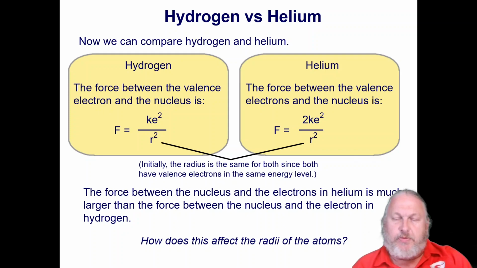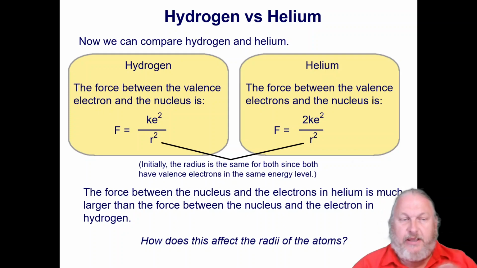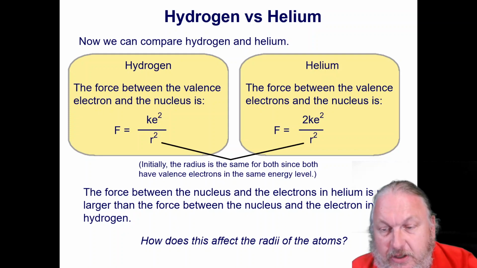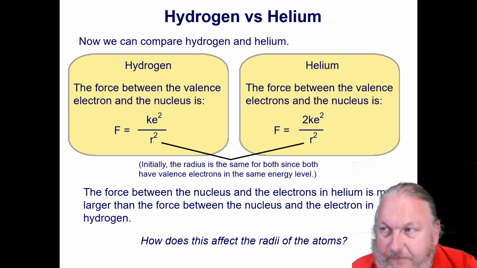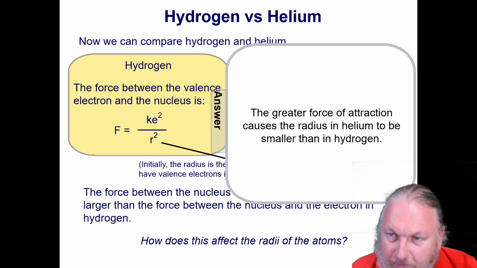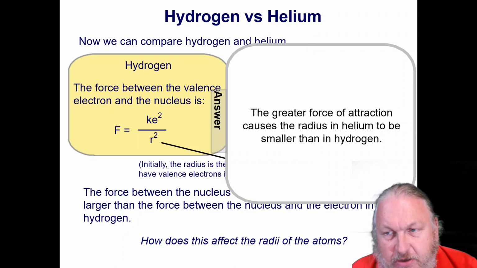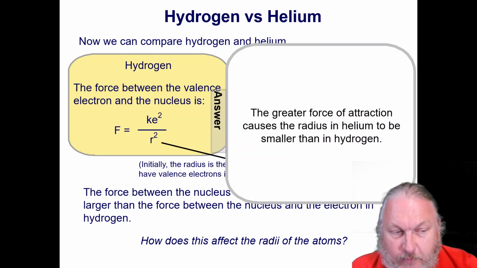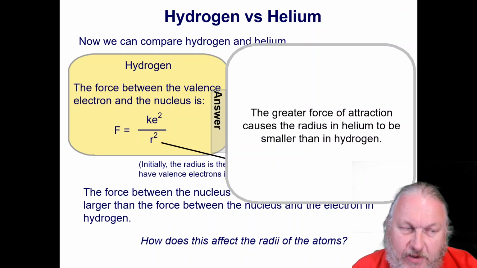So the force between the nucleus and the electrons in helium is much larger, greater by a factor of 2, than in hydrogen. How is that going to affect the radii of the atoms? Well, the greater force of attraction causes the radius in helium to be smaller than hydrogen because that Coulombic force is pulling those electrons in closer to the nucleus.